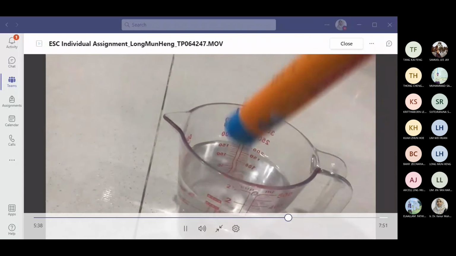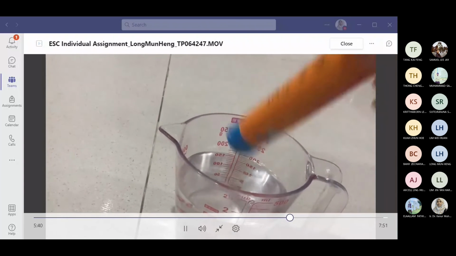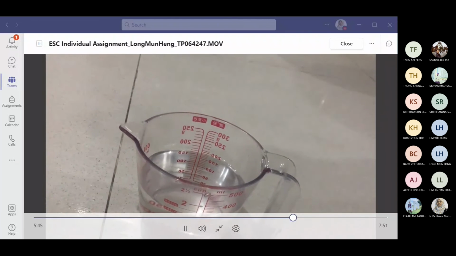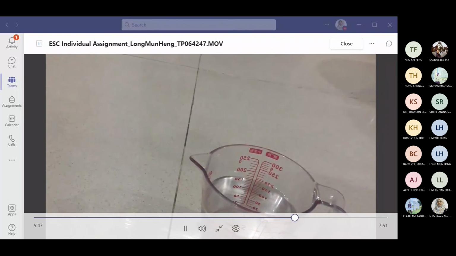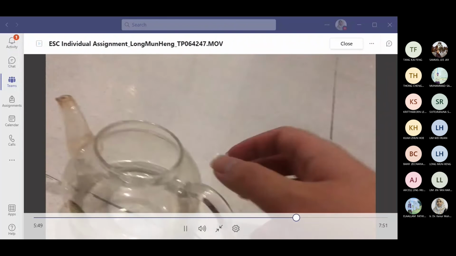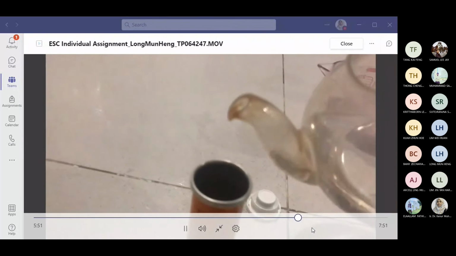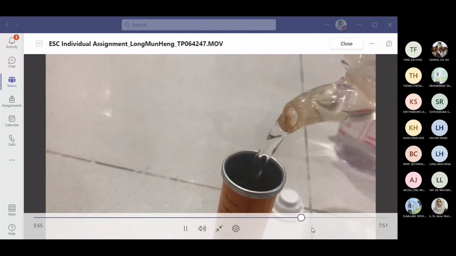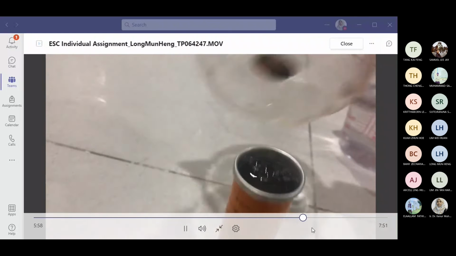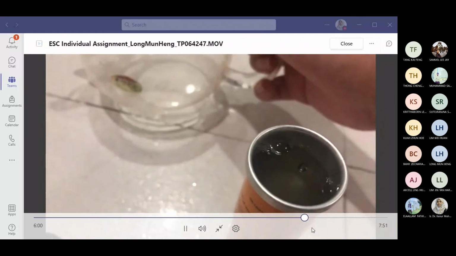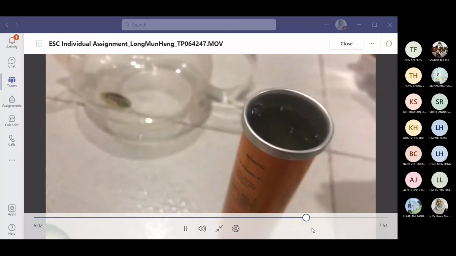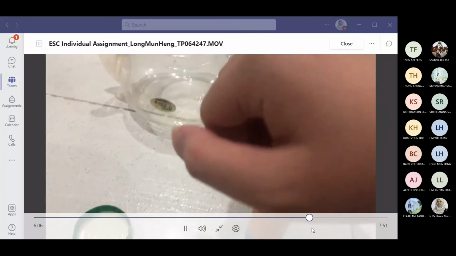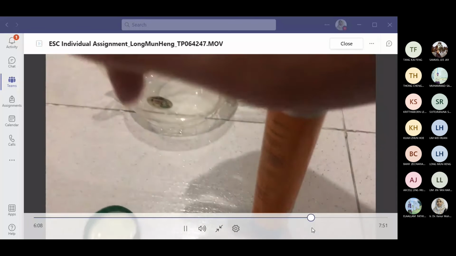So for a more exact conclusion, let's do the fourth as the last experiment. We add water inside the second bottle and see what will happen. Okay, it's almost full. So let's close this again. It's full of water.